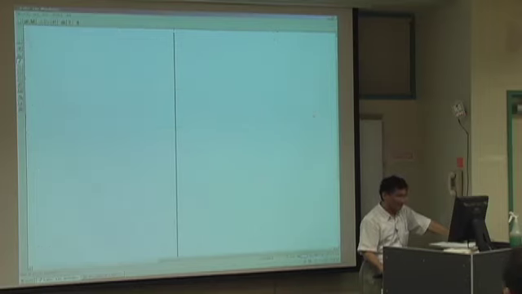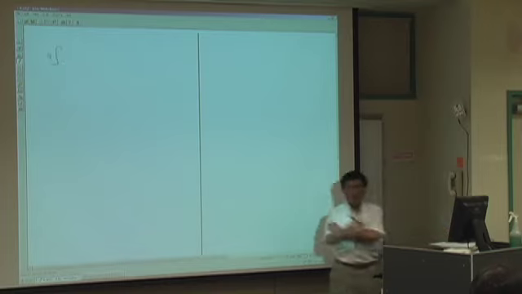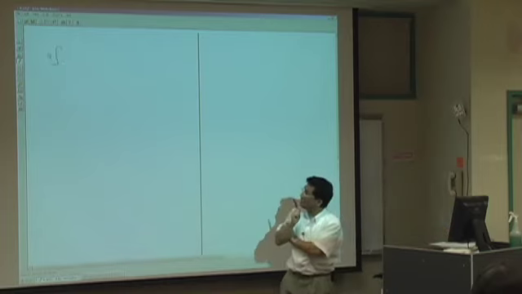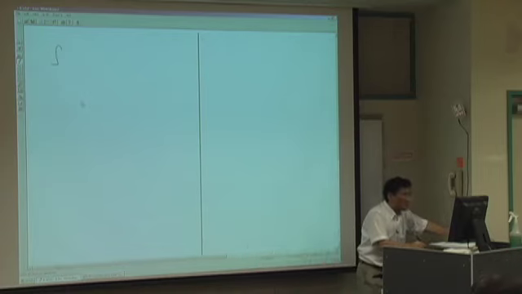Then the next case is this one. Integral. Why is integral important? I will explain the reason. When you want to solve differential equations, I will use a first order ordinary differential equation. Assume that we want to solve a differential equation.